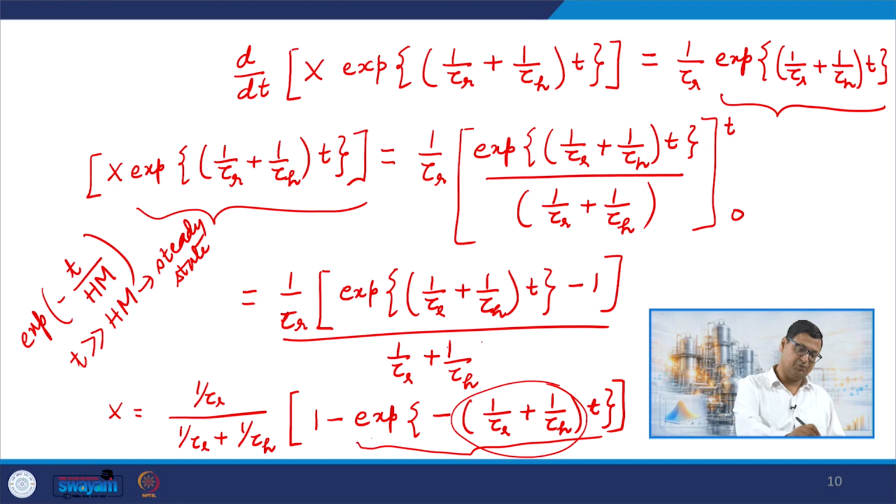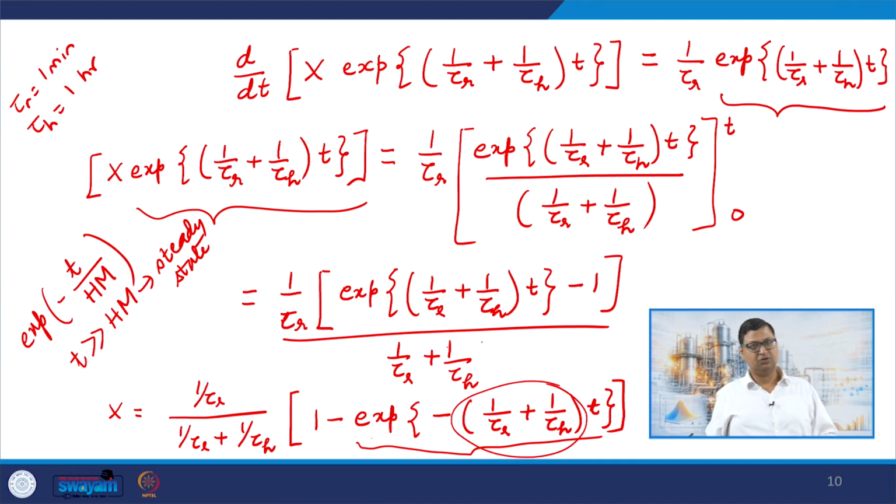Let us say, for example, your tau_r is 1 minute and your tau_h is 1 hour, right. So, whichever is the smaller value here is going to basically dictate when you have the steady state conditions. So, it is going to be something like a harmonic mean of tau_r and tau_h, if you want to think of it that way.